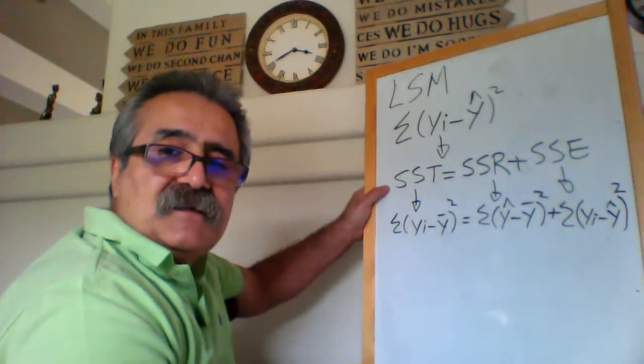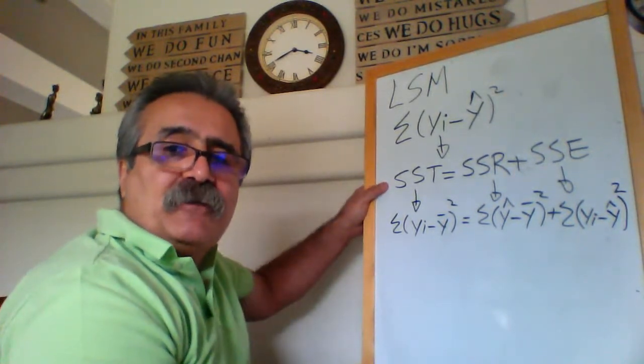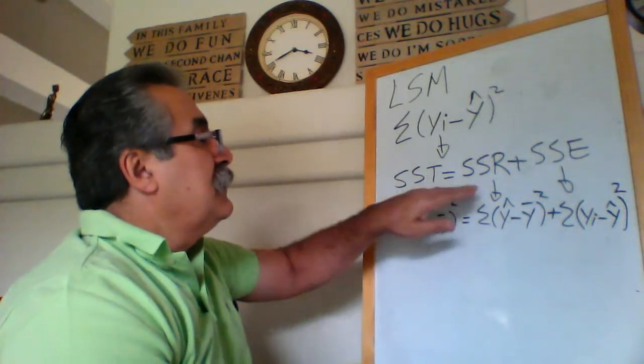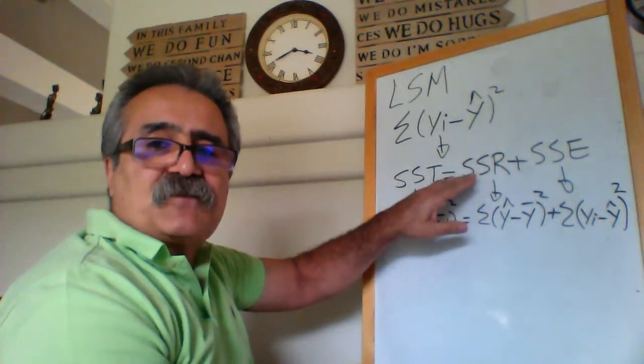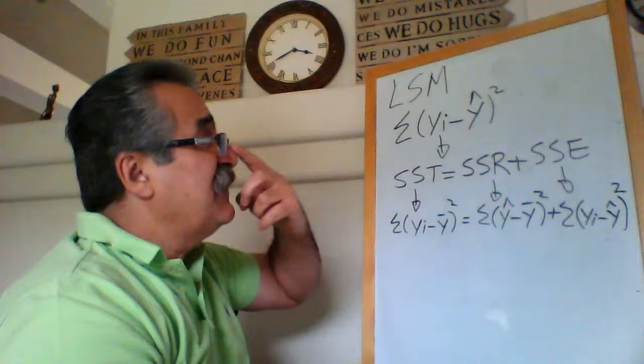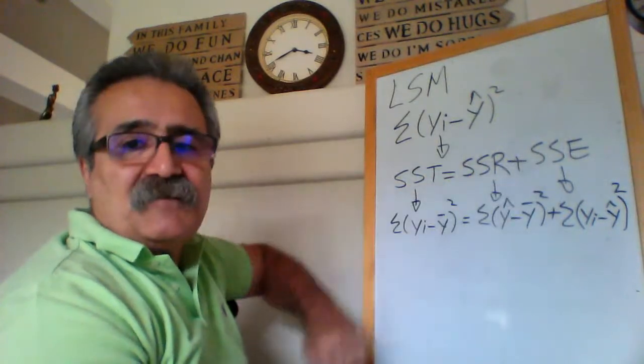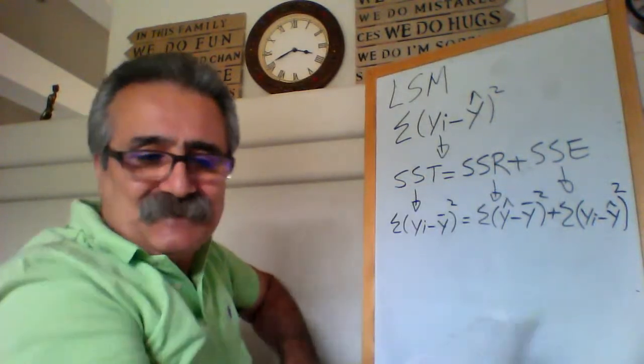This is, again, sum of square total equal to sum of square due to regression plus sum of square due to error.